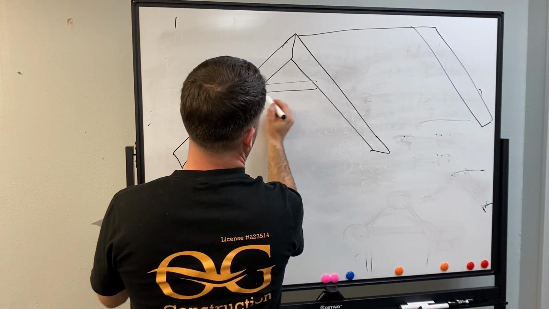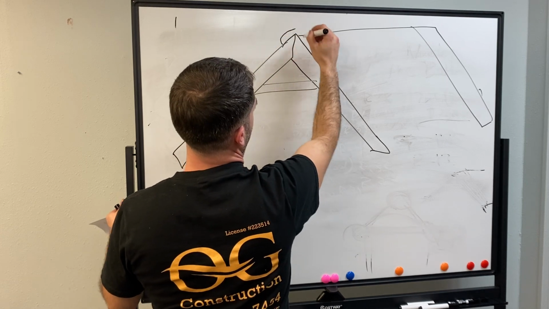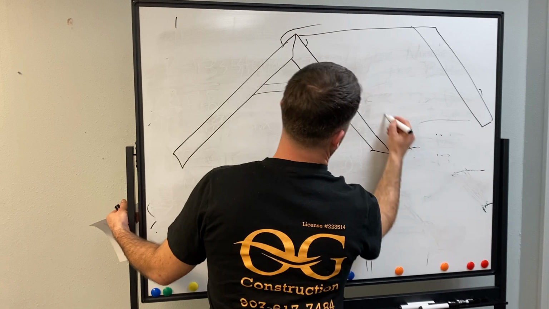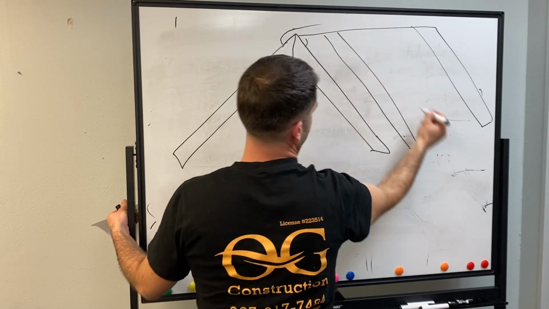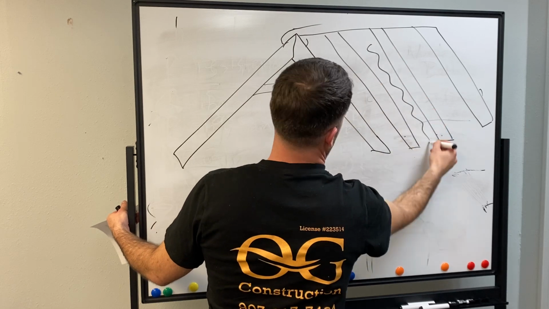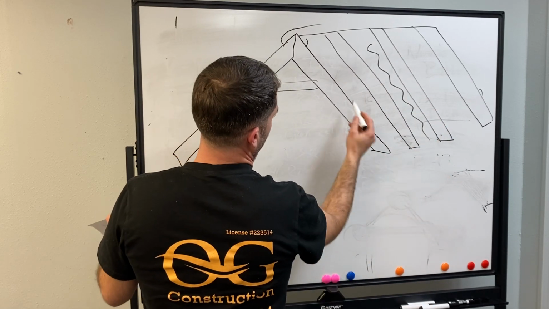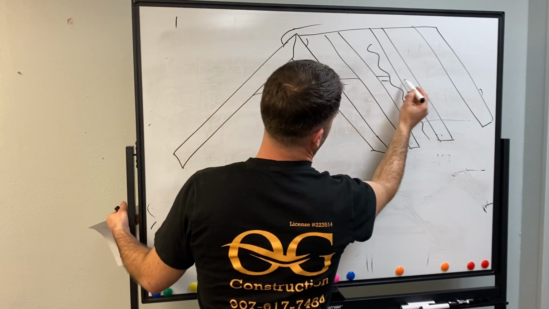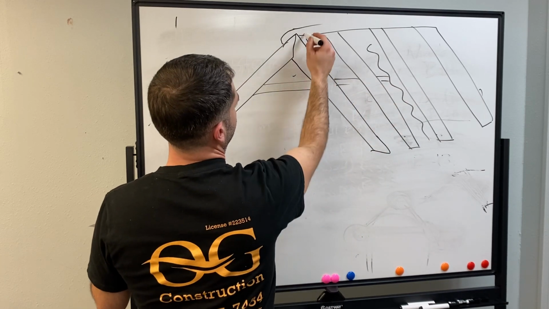Inside, you got your collar tie, and you're saying put a ridge vent right here, right? The most important thing is when you have these rafters, the insulation goes in here. This is where the insulation will go, right? When you get to this part right here, it'll breathe into the ridge vent.